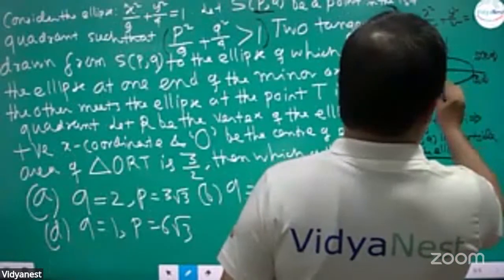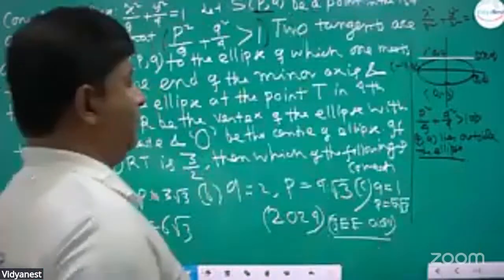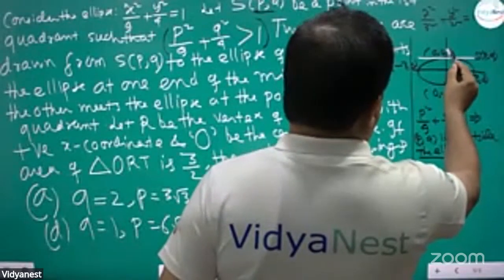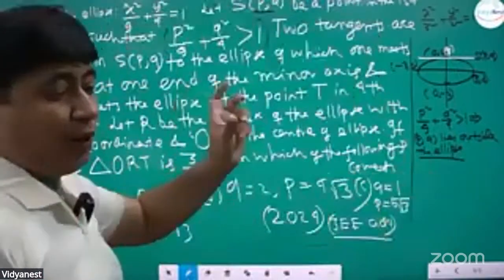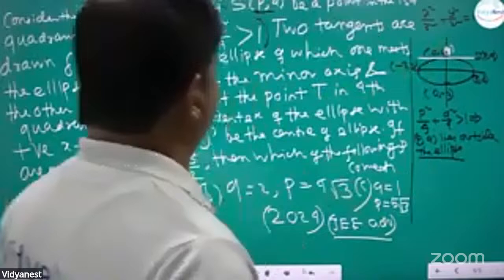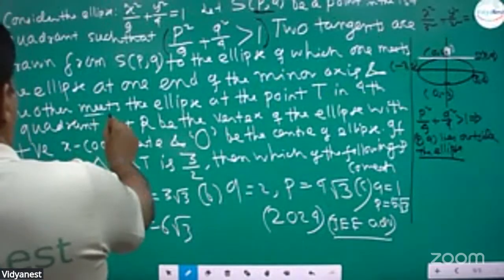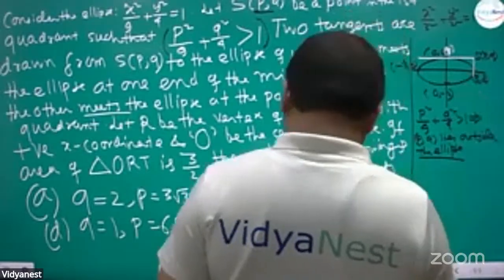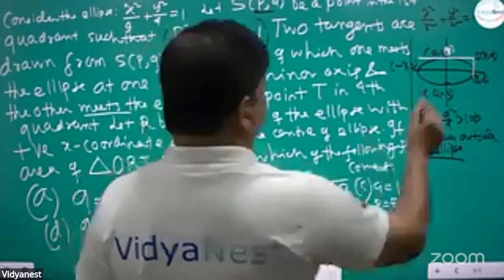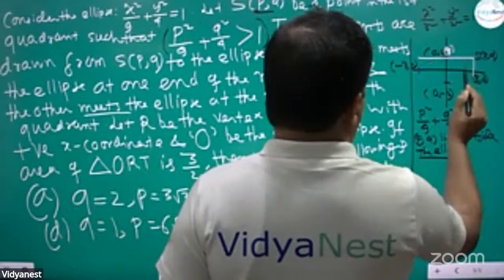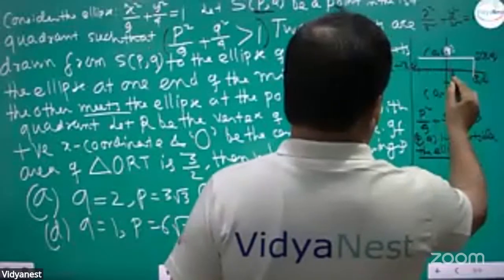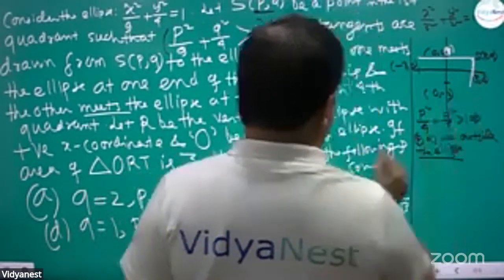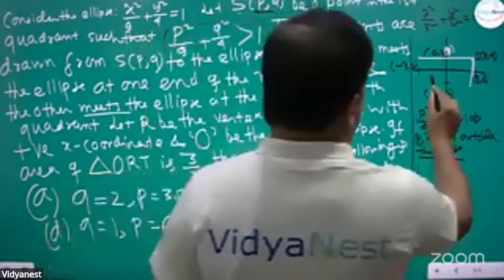From here, one tangent is drawn and that meets the ellipse at one end of the minor axis, that is B, and that point already derived, 0, 2 by comparing, and the other meets the ellipse at the point T in the fourth quadrant. So let us draw it clearly.